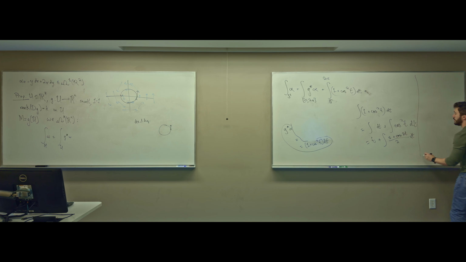I can use linearity again, and I can get t plus t over 2 plus this thing now, 1/2 cosine 2t dt. This one isn't the greatest example, because it's just kind of obvious that d 2t is what I would like to have.